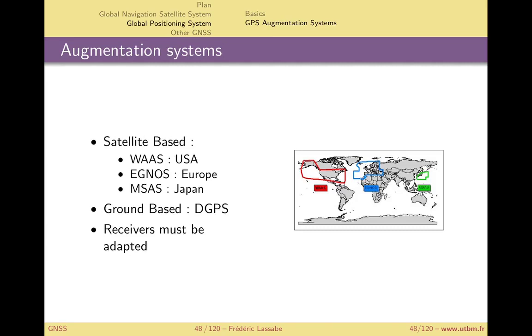So there are several augmentation systems and several types of augmentation systems. First we started with ground-based augmentation systems, which is called the differential GPS. And then we moved the corrections from the DGPS to space to provide satellite-based augmentation systems such as WAAS in the USA, EGNOS in Europe, MSAS in Japan, and other ones.